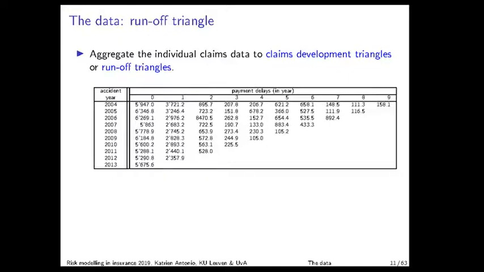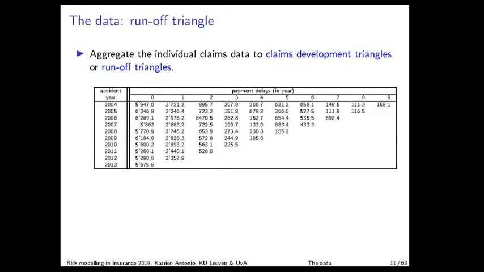For example, the cell here at position 2004, 0, displays the number 5,947. And that is the total amount paid in the year 2004 for all claims that occurred in the year 2004. That is, it is the total amount paid with 0 years of delay on all the claims that occurred in the year 2004.